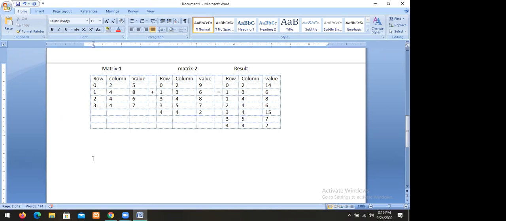When the column of the first matrix is equal to the column of the second matrix, then we can perform addition. Otherwise, we move the lowest column value to the result. This is the process. So then we go for the algorithm. How to write the sparse matrix algorithm.